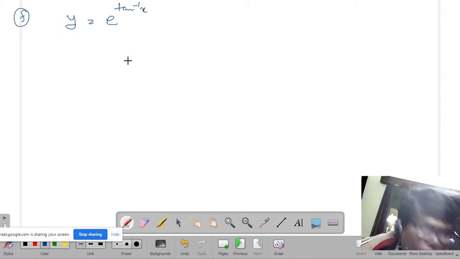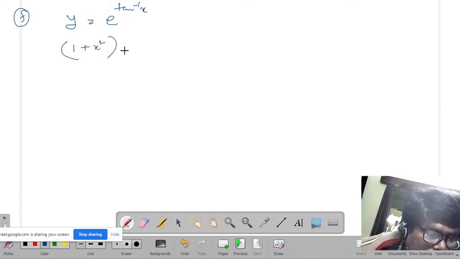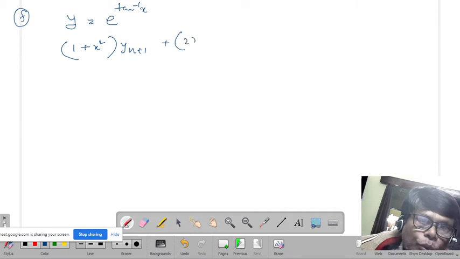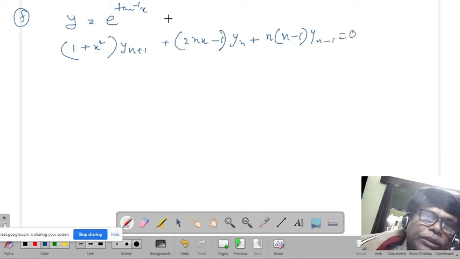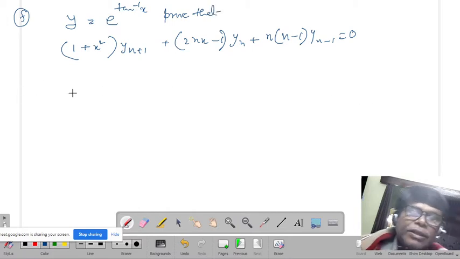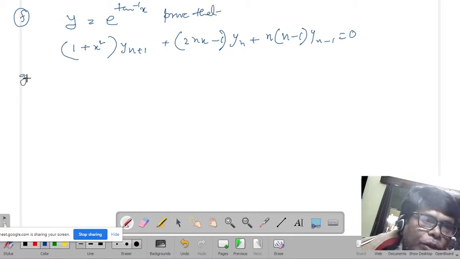Then you have to prove that 1 plus x square yn plus 1 plus 2nx minus 1 yn plus n into n minus 1 yn minus 1 equals to 0. Prove that. Typical sum, you can do it. You have done this type of sum also.